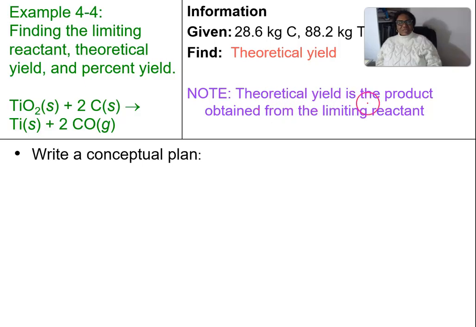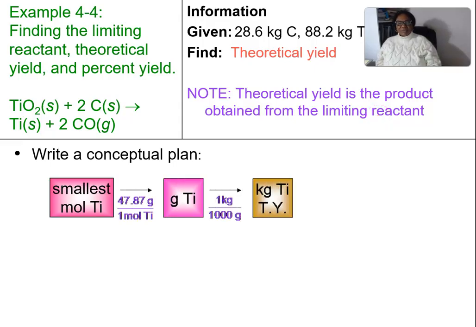The theoretical yield is the product obtained from the limiting reactant. That is what we are expecting. The smallest mole of titanium was obtained from titanium 4 oxide.